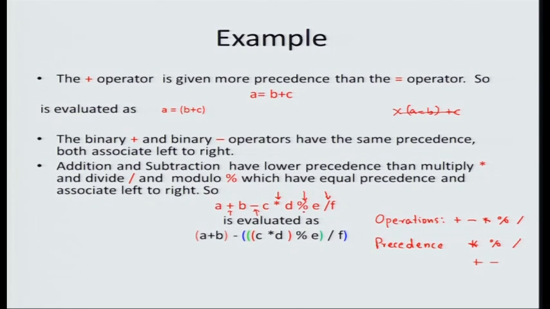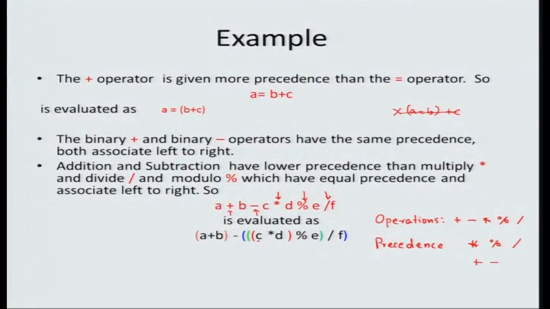As far as within the same precedence is concerned, let us simplify the situation a little bit and think of them as the same operation. They are different operations of the same precedence, but let us say that they are the same operation, all of them have left to right associativity.